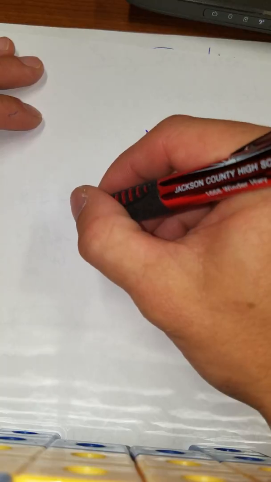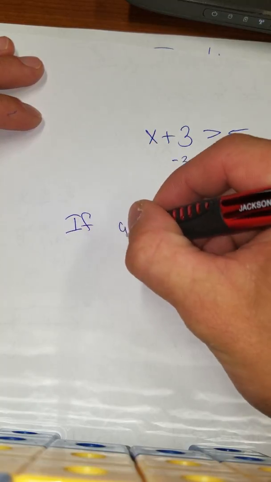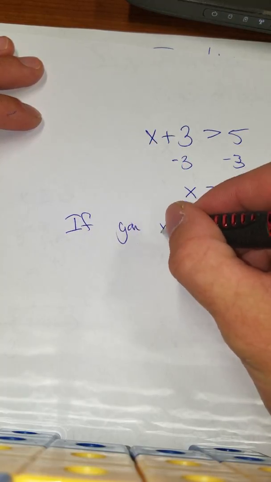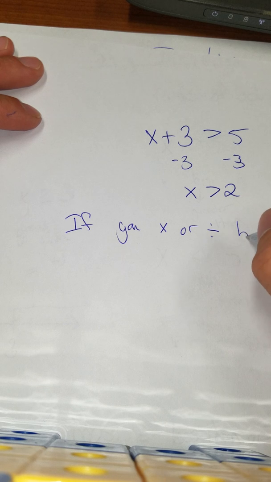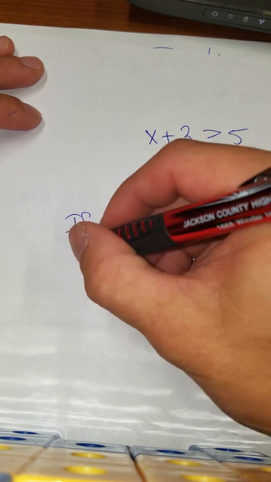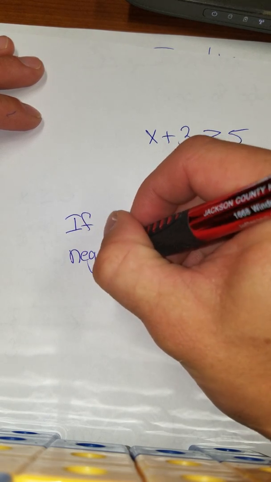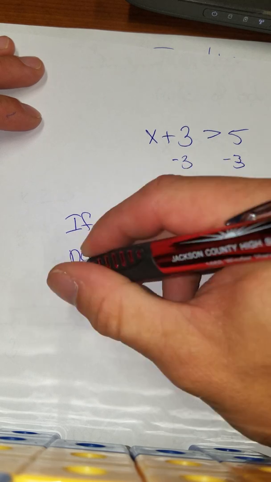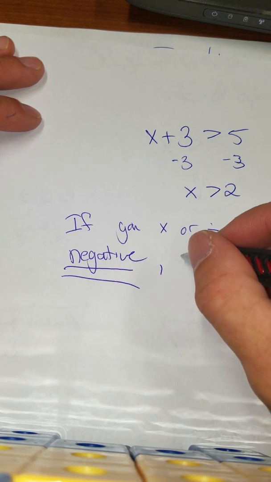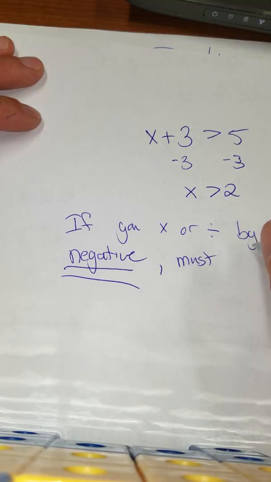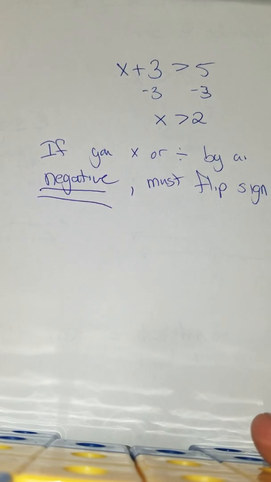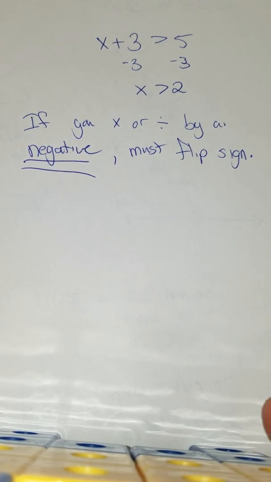The only thing different, if you multiply or divide by a negative, keyword here is a negative, you must flip your sign. Okay, multiply or divide by a negative, you must flip the sign.